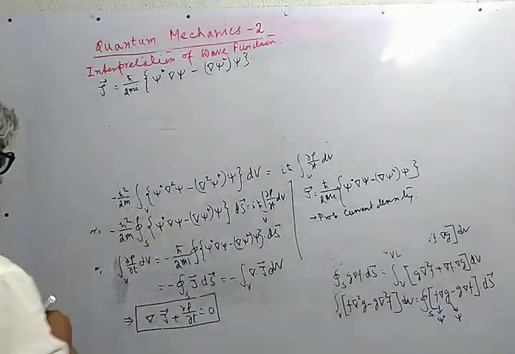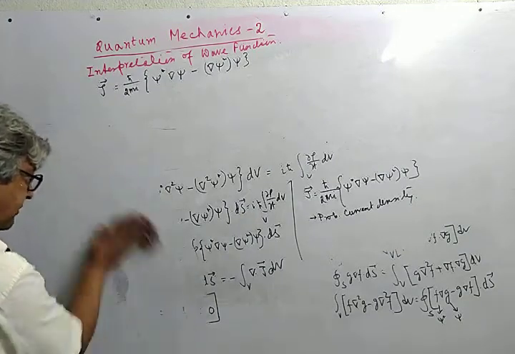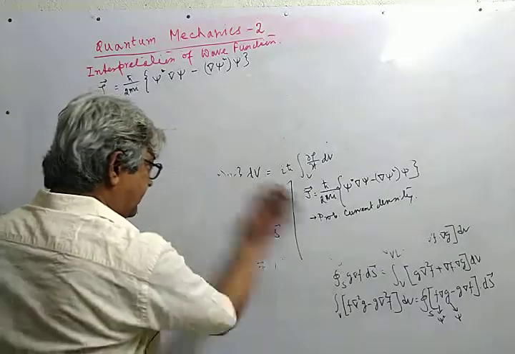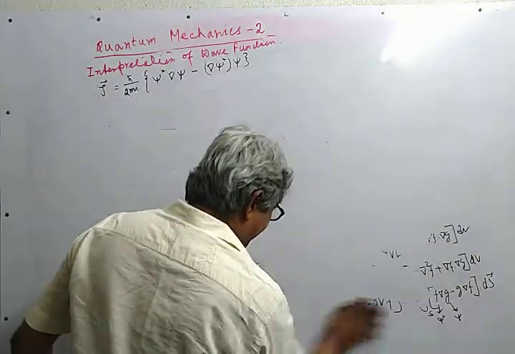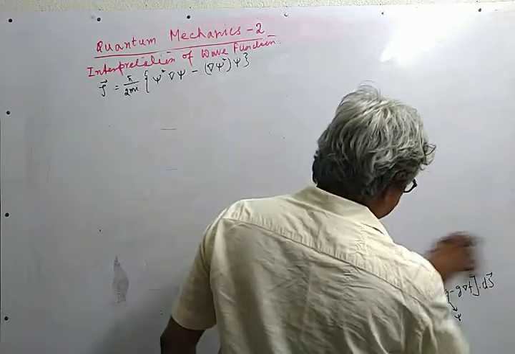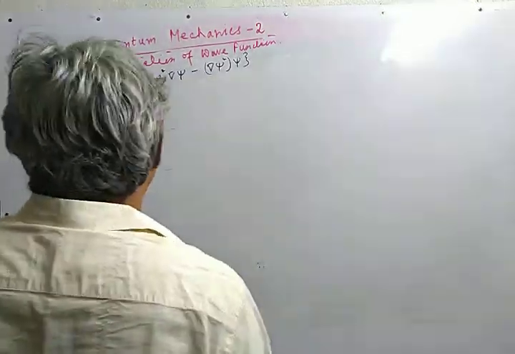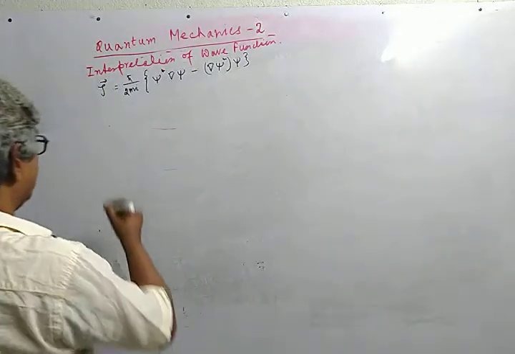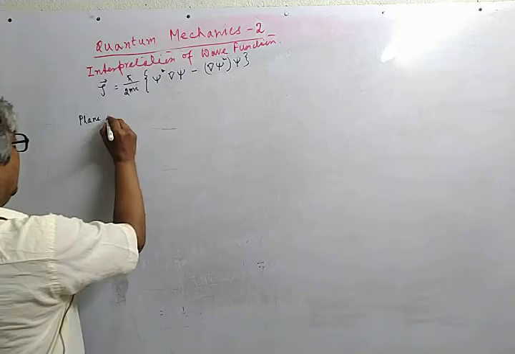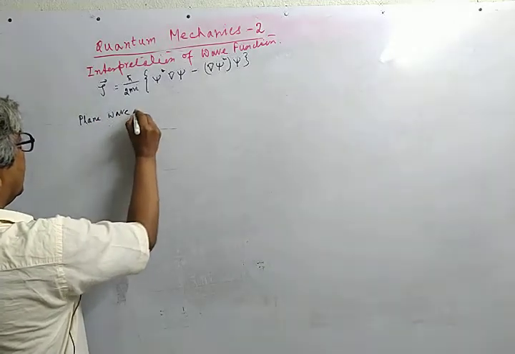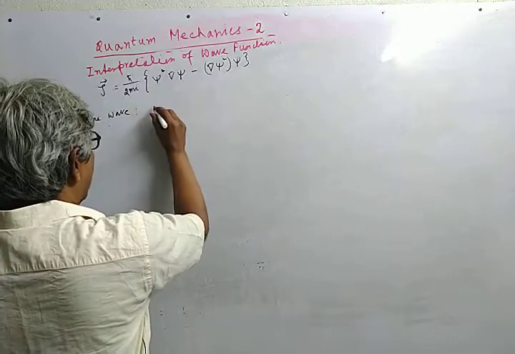Let us first take the plane wave. A plane wave in 3 dimensions, we first consider as the example, and we know that for a plane wave, the particle flux is the same all over, and it doesn't have any dependence on space and time. We represent the plane wave as psi of r, t.